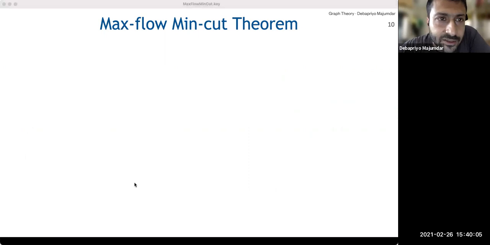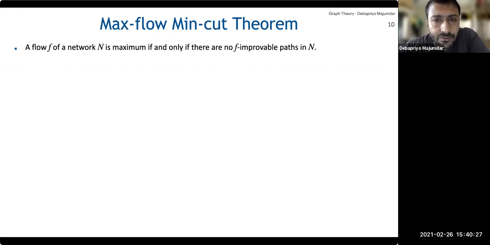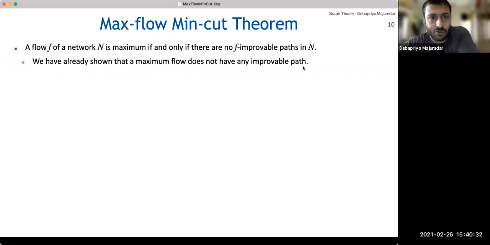Okay, so let's prove that theorem. We'll actually prove a slightly alternative statement, which will essentially imply our theorem. A flow F of a network N is maximum if and only if there is no F-improvable path in N. So a flow is maximum if and only if there is no improvable path in N. We have actually shown one side of it before, right?